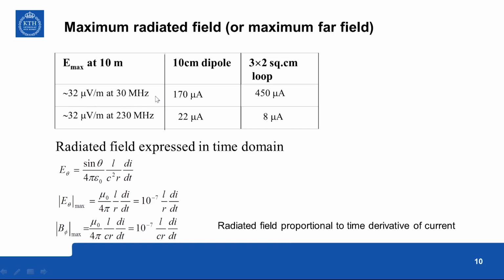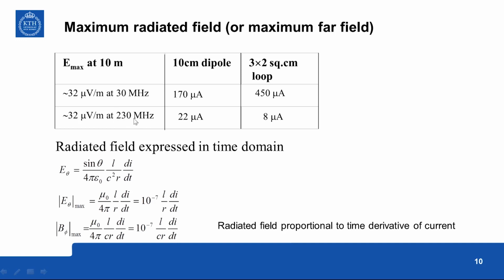So you will already exceed this limit if you have a small dipole carrying a current of 170 microamperes. And for this small loop, 450 microamperes will be the limit. Above that, you already exceed this permissible value given by the government regulations.